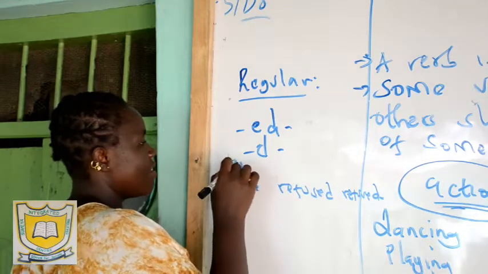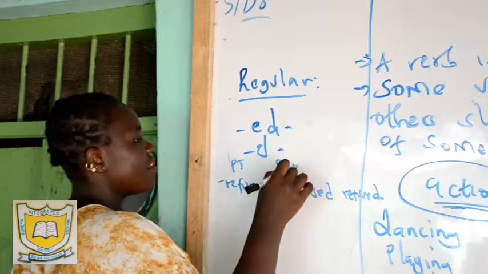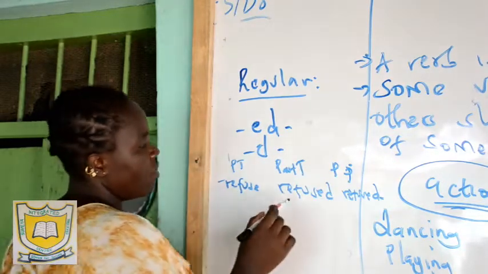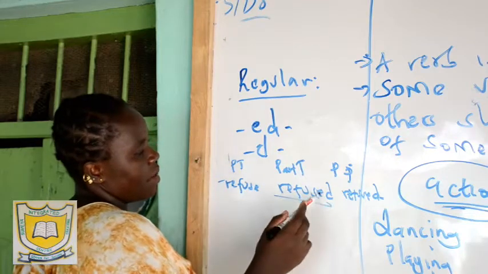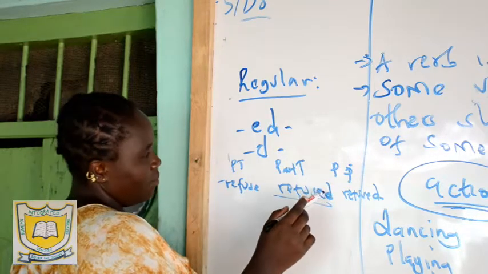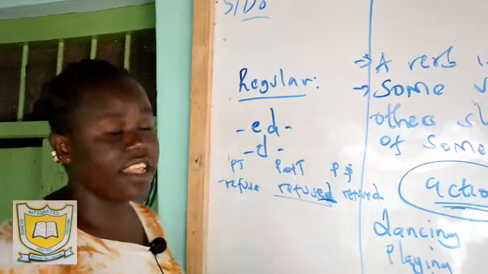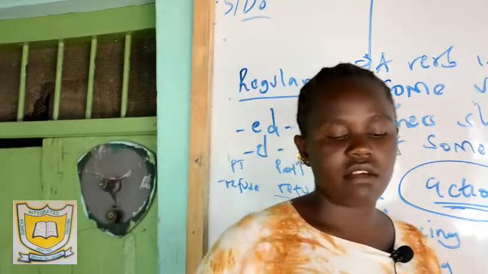So you have the present tense, the past tense, then the past participle. I form my past tense by simply adding a d on my verb.